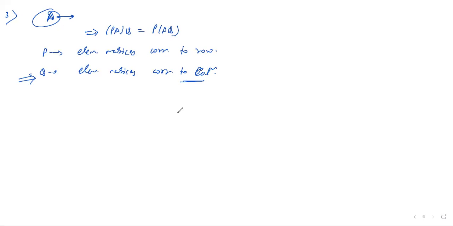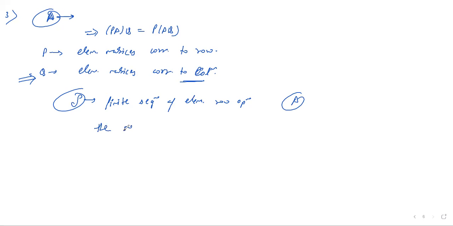Okay, so let's say this is my set S, which is a finite sequence of elementary row operations. If this finite sequence of elementary row operations is performed on this matrix A, then the resulting matrix, after applying the whole sequence, is PA.